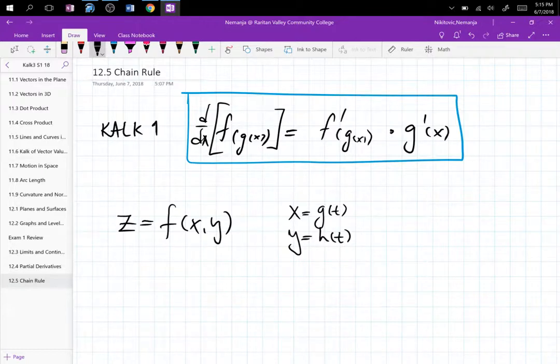Now, the way to figure out the formula for the derivative is to learn how to draw a tree diagram that you will follow along the branches and construct the chain rule formula looking at the tree.